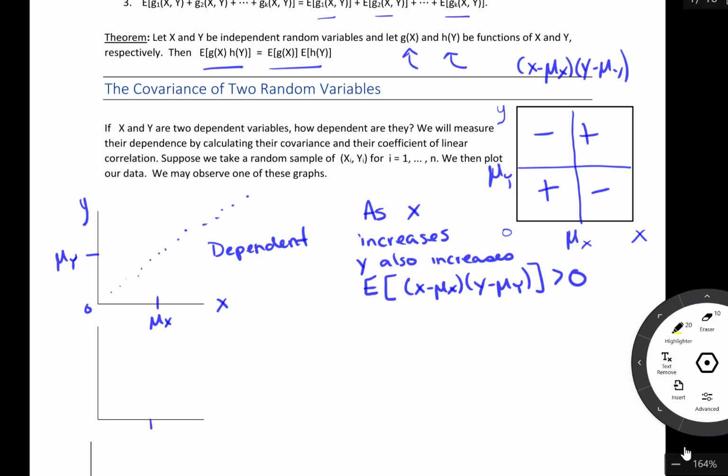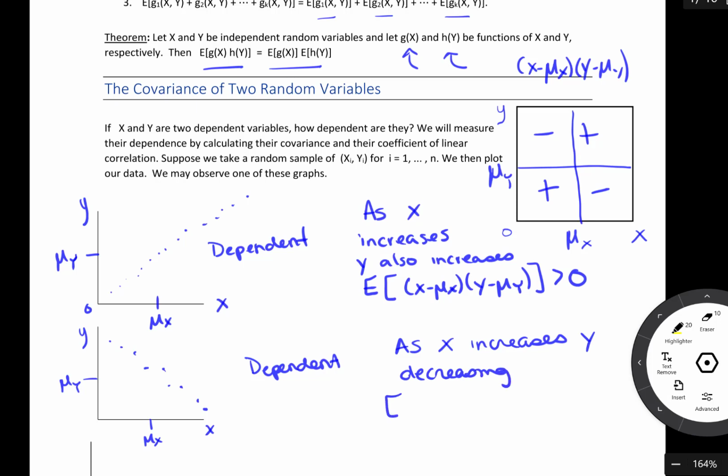Now the other thing that we could see, if we draw the same plot, is that instead of going up and to the right, it could go down and to the right. We would still say that they're dependent in this case, but now what we're saying is as X increases, Y is now decreasing.